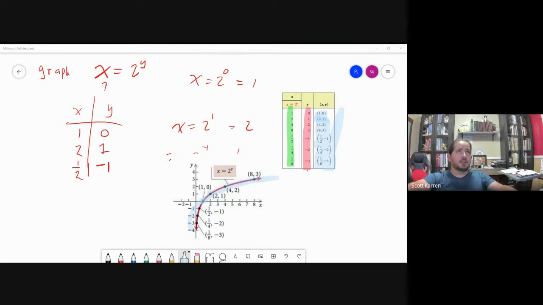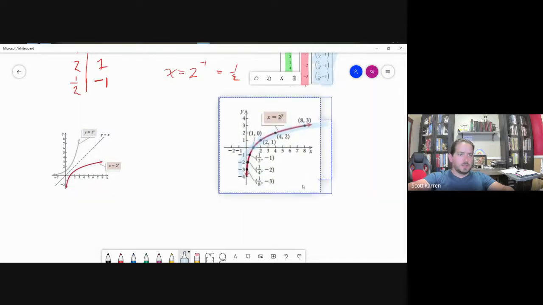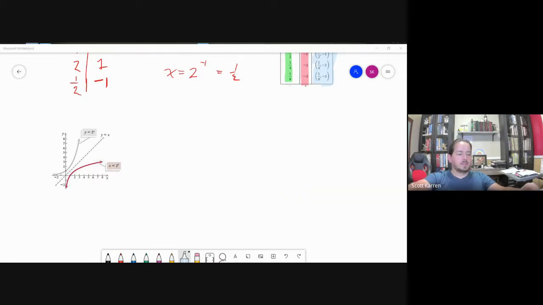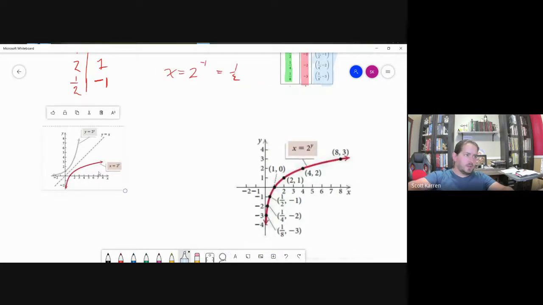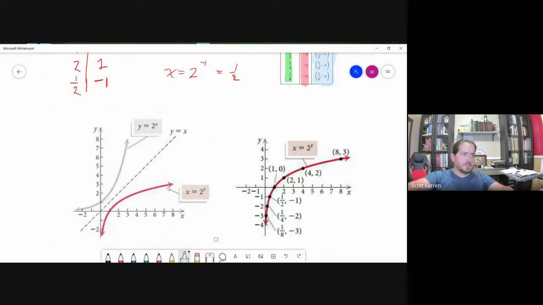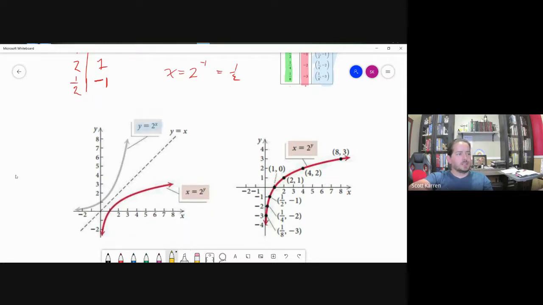In fact, if we look at the comparison of that graph with y equals 2 to the x, just switching the x and the y here, you can see that they're essentially just reflected about the line y equals x, and they are inverse functions of each other.